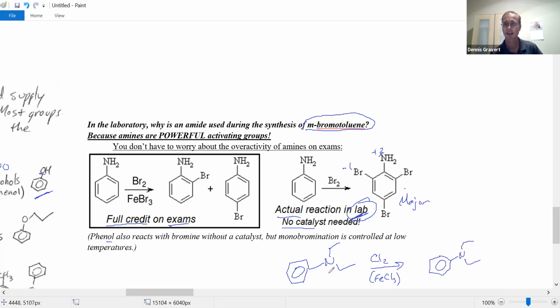But if you leave out the catalyst, you need to know that the halide adds three times to all the ortho and para positions. So just avoid that. Just go back on the exams. If you need to do one of the aromatic substitution reactions on aniline, one of the six that work, for your Friedel-Crafts still doesn't work. You don't leave the catalyst in there and just go back to unit 1. Do it the normal way.